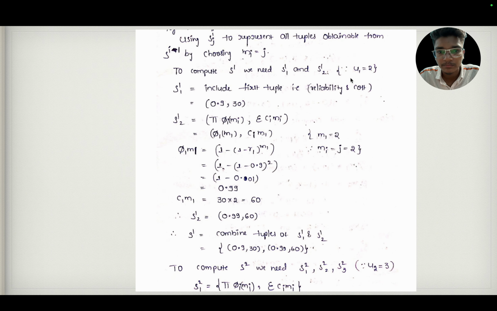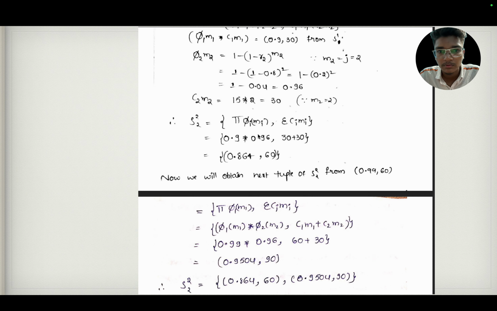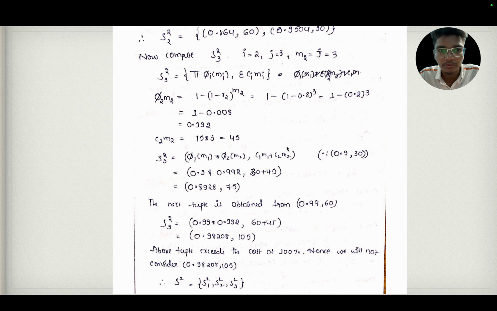We have multiplied with 0.9, and we have added the 30 to the previous one. Now the final will be 0.99. If we keep them in ascending order, 0.8641 is lesser than 0.9504.